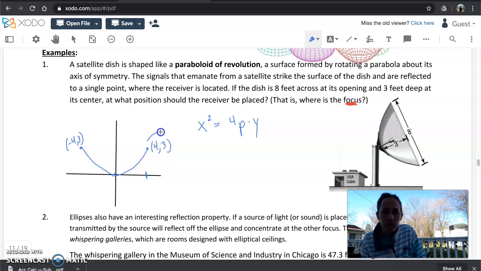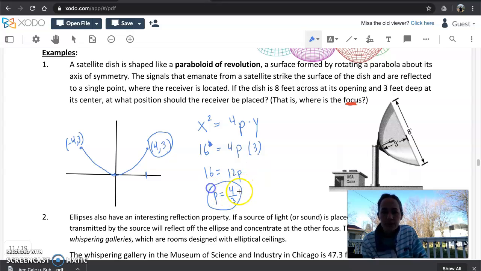And I'll just use one of them. I'll use the point (4, 3). So we'll plug in a 4 for x, so we get 4 squared, which is 16. We'll plug in a 3 for y, so times 3. 16 equals 12p. And we'll reduce, we could say p equals 16 over 12 or p equals 4 over 3.